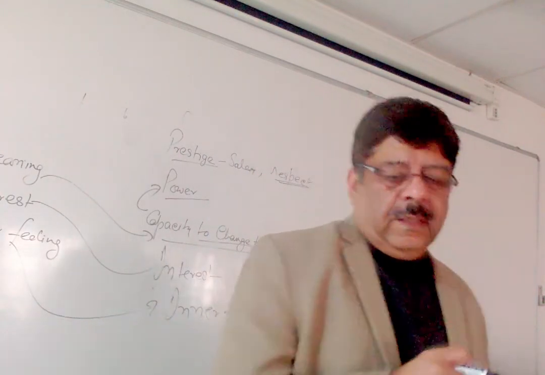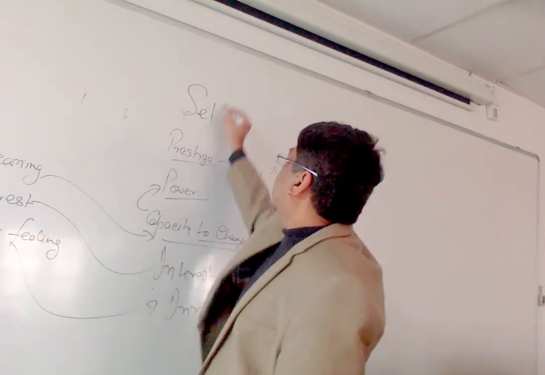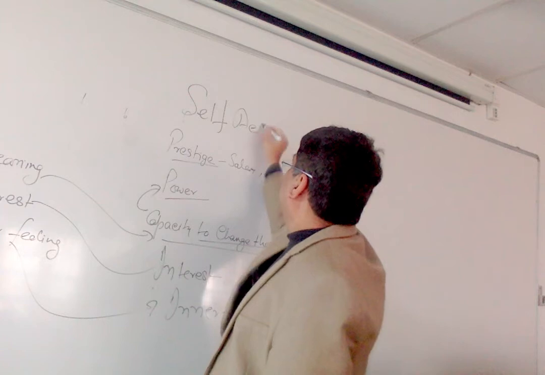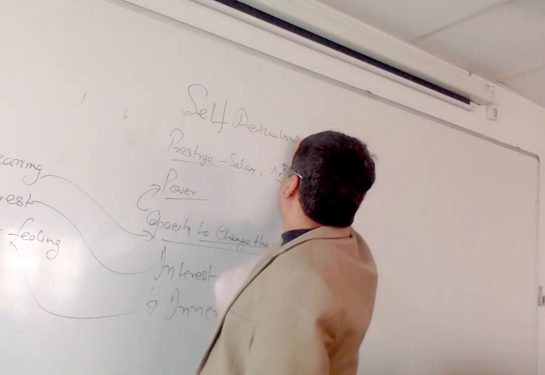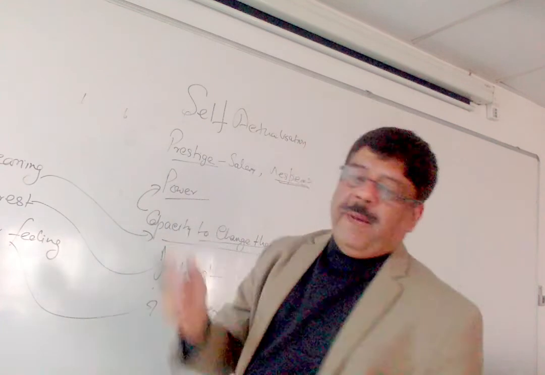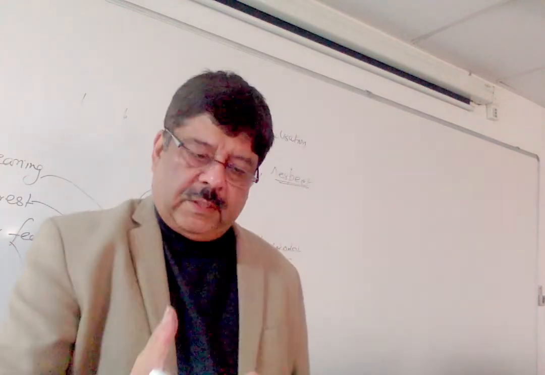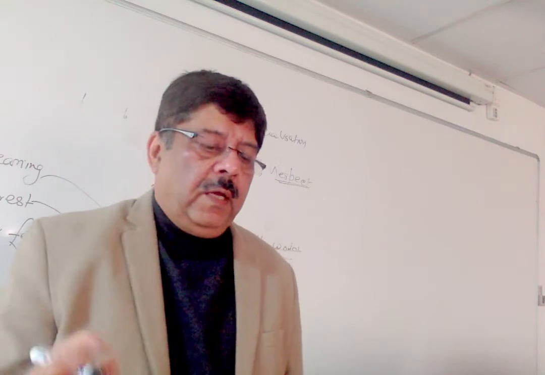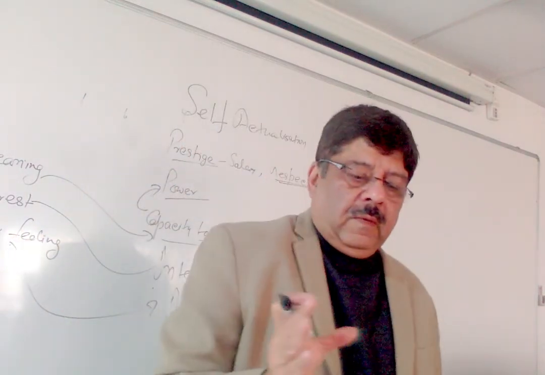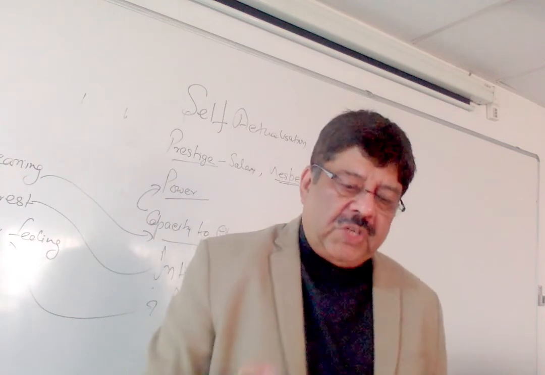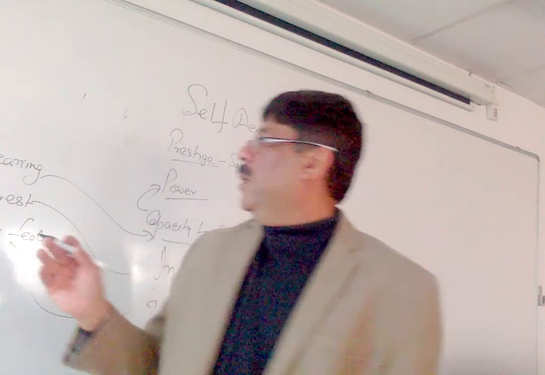And one more thing is there, that is self-actualization. Look, there are needs. If you read Maslow, Abraham Maslow, he was a sociologist, he says there is a stair-type hierarchy in people's needs.